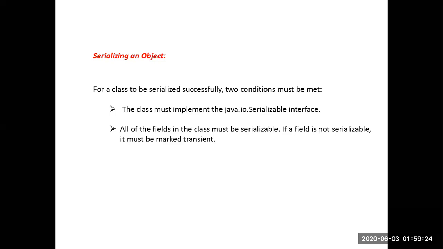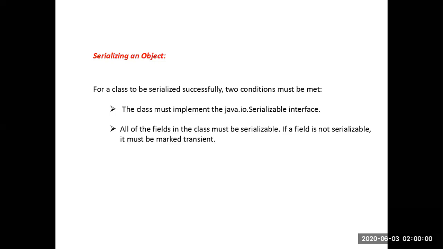If you don't want a particular variable to be serialized, it must be marked as transient. So if you want an object to be serialized, the class must implement the Serializable interface, and second, all the instance variables in that class must be serializable. Sometimes we don't want some variables to be serialized. Then we must make those variables transient.